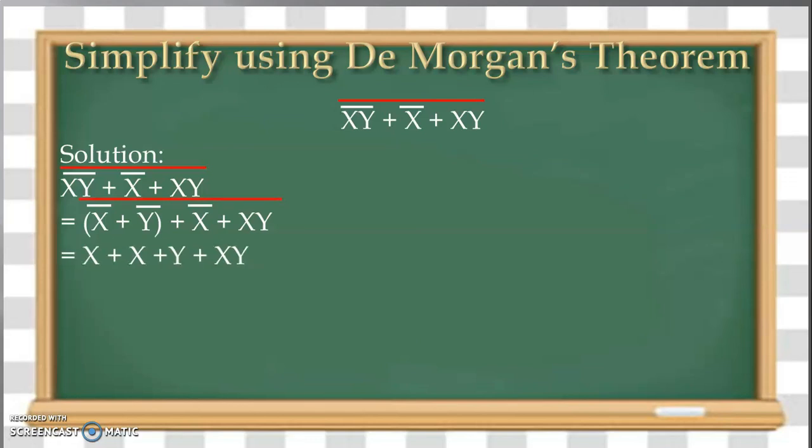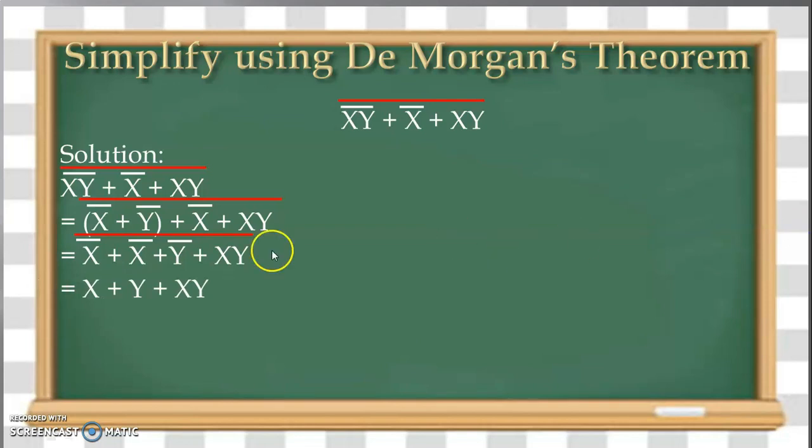Now if we open the bracket, then we can write as x bar plus y bar plus xy and whole bar. So we have opened the bracket and we have written the same equation. Now x bar plus x bar, or a plus a, that is equal to a.